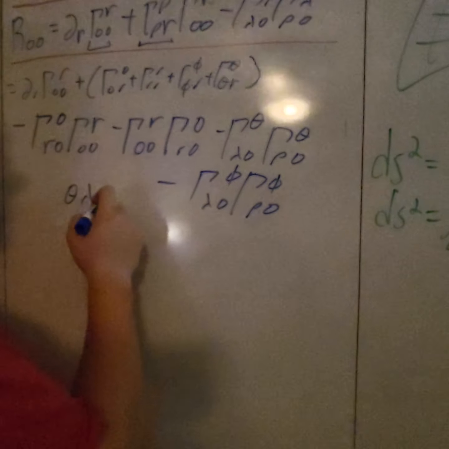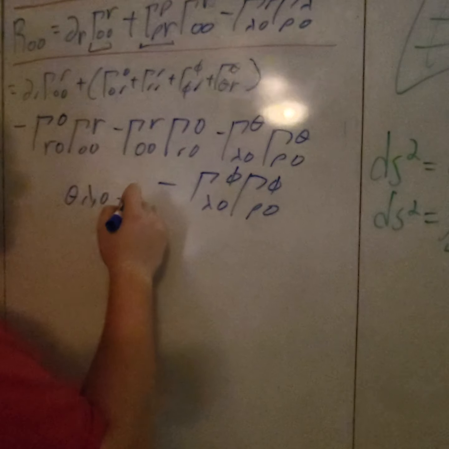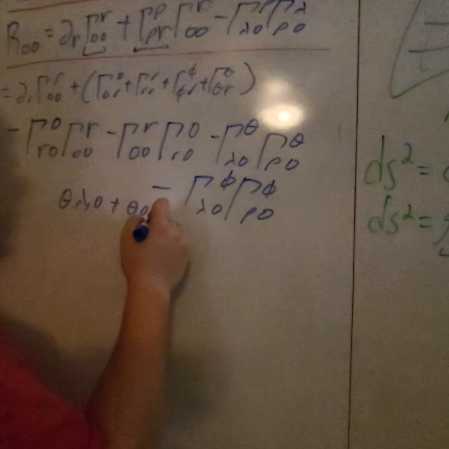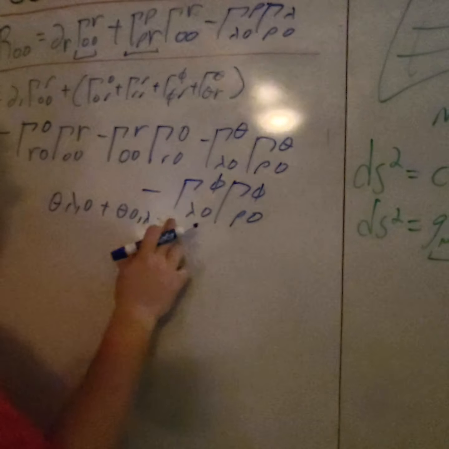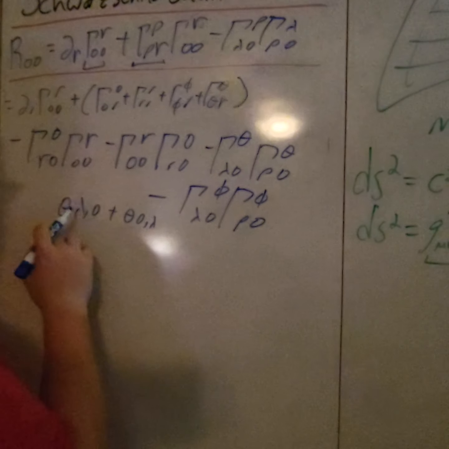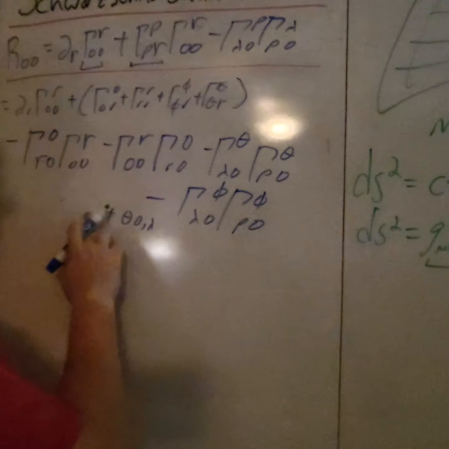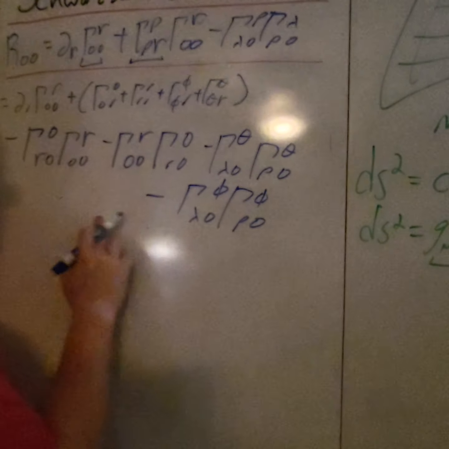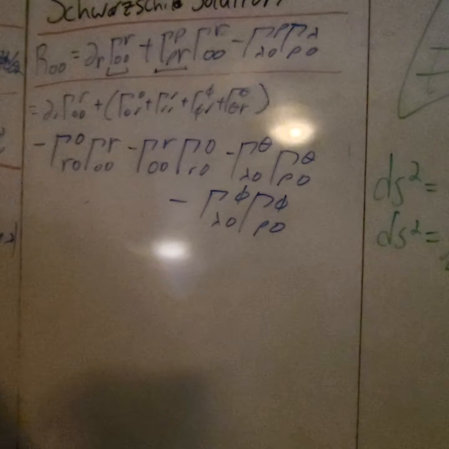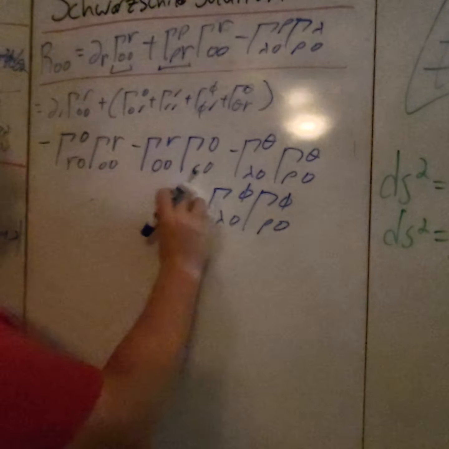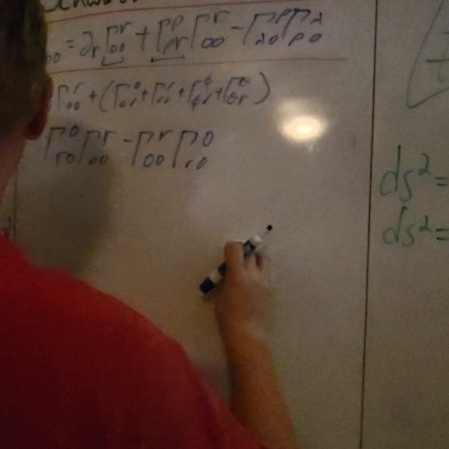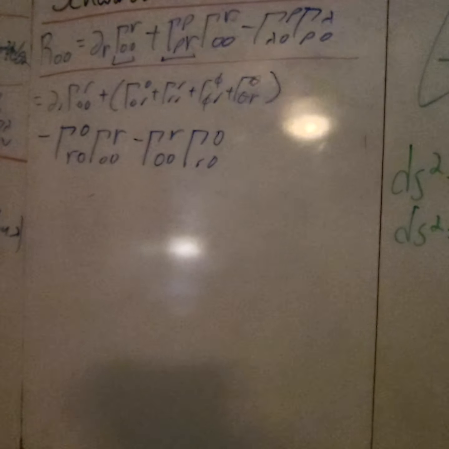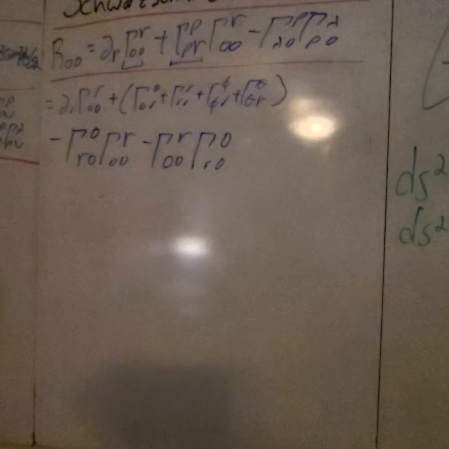The theta and phi terms are actually quite similar. There's no theta dependence on anything but 0. There's no time dependence, and that's off-diagonal, so these two will go to 0. Erasing that just so we have space.